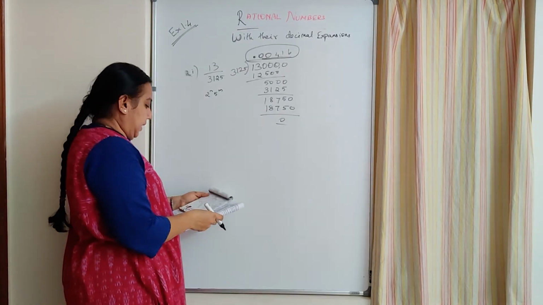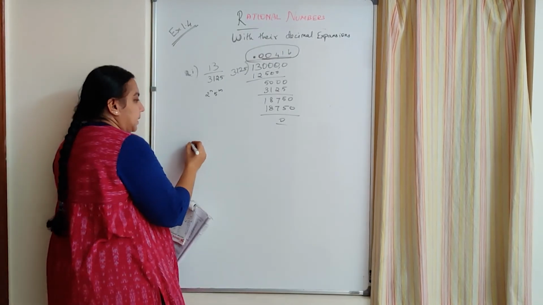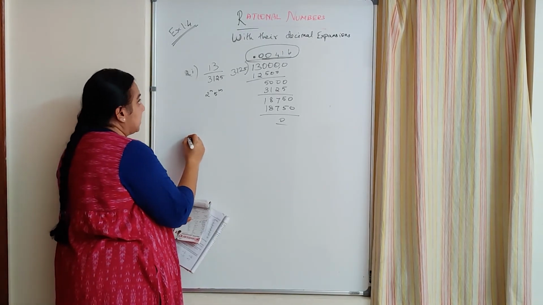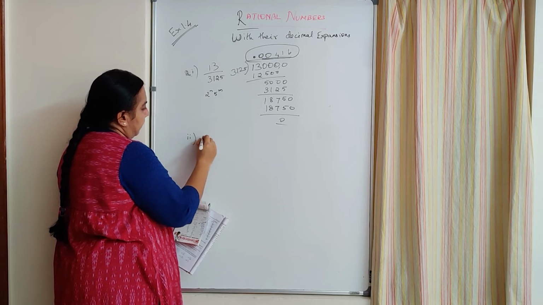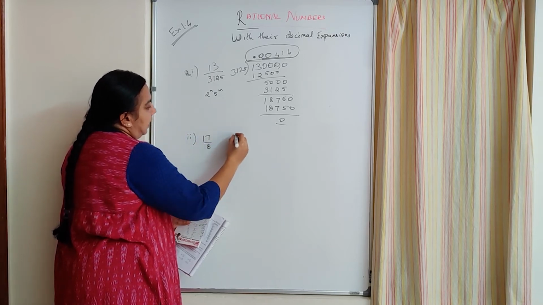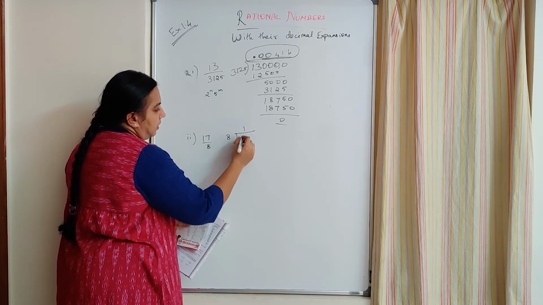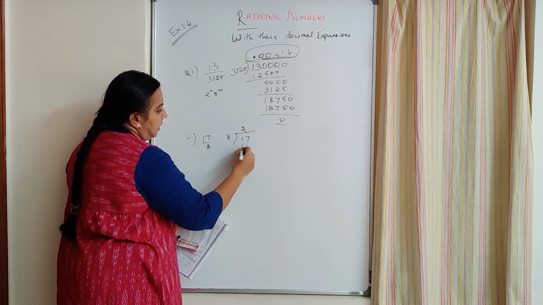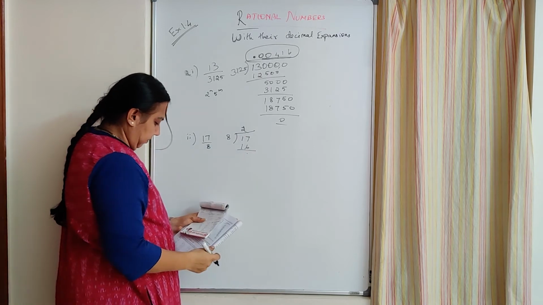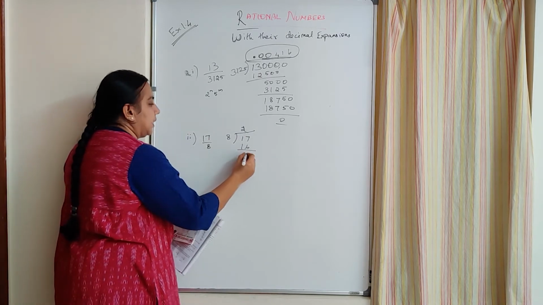Okay. The next sum is the second sum, 17 by 8. I'll divide 17 by 8. I'll do it for 2 times directly, 16. I get a remainder 1.